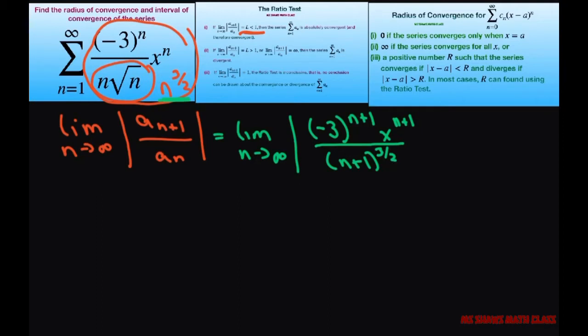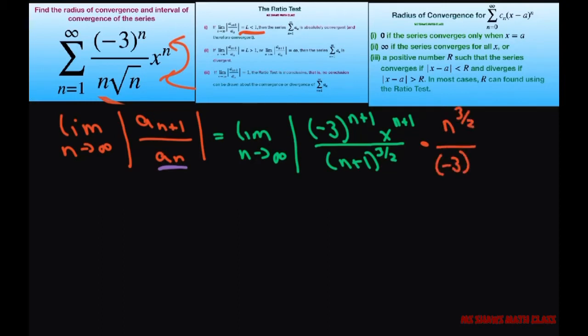Now we're going to divide by a sub n, which is the same as multiplying by the reciprocal. So just flip these around. So this is going to be times n to the power of 3/2 divided by negative 3 to the nth power times x to the nth power.